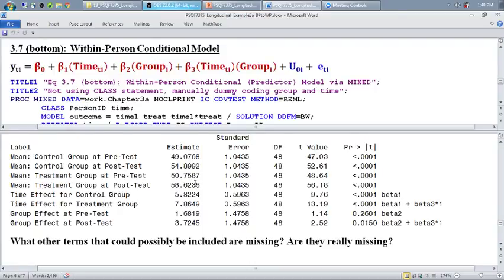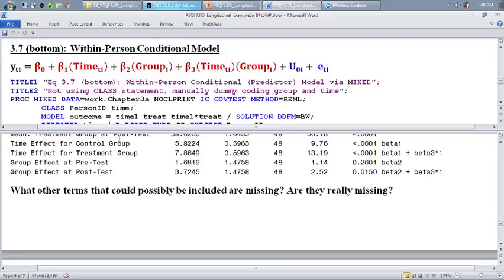So first off, let's do the main effects. Do we have a main effect of time? Not a trick question, I swear. Do we have a main effect of time? I'm staring at one. Beta 1, right?